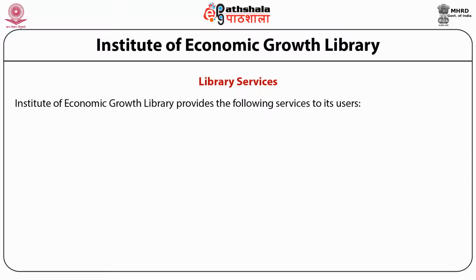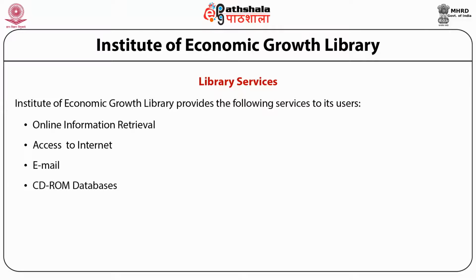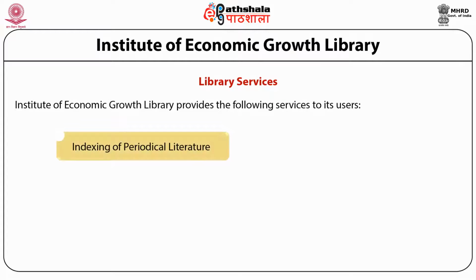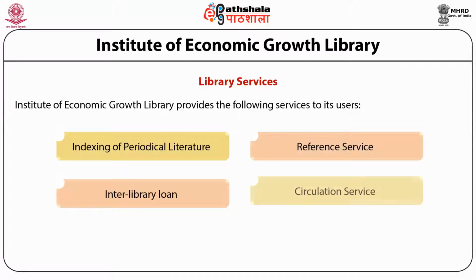Institute of Economic Growth Library provides the following services to its users: online information retrieval, access to internet, access to email, CD-ROM databases, selective dissemination of information, current awareness service, bibliographic and documentation service, index of periodical literature, interlibrary loan, reference service, circulation service, and reprographic service.